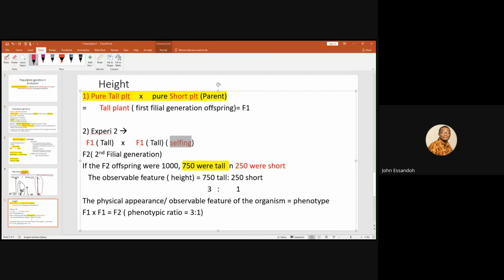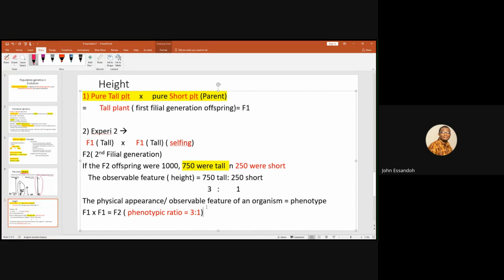The physical appearance or observable feature of an organism is called the phenotype. So what he observed was the phenotypic ratio, which is 3:1. Nice. With the 3:1 phenotypic ratio, now let's see what Mendel did.